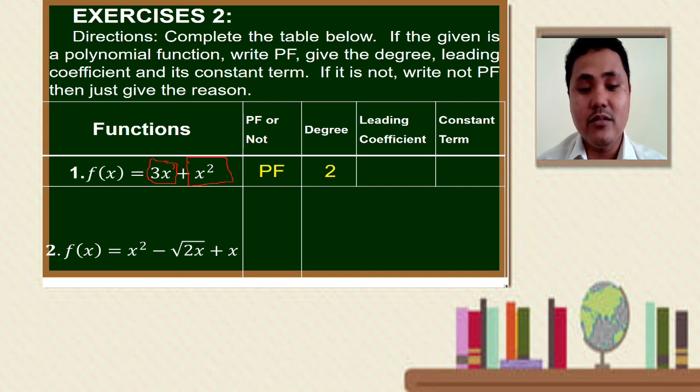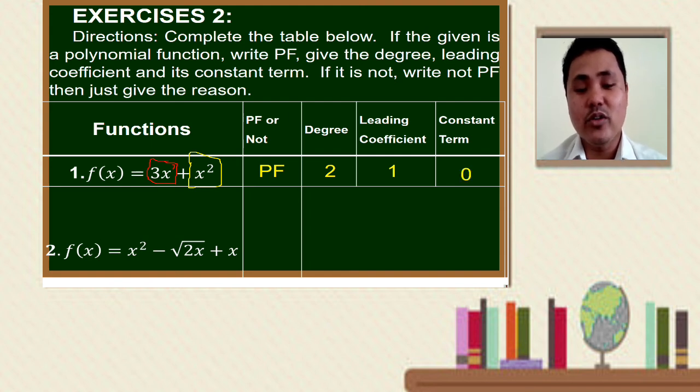I'm going to emphasize that this is our leading term here, where we found the highest power of the variable. So our leading term is x squared. What is the coefficient of x squared here? The coefficient is automatically 1. No number is indicated, and that is automatically 1. And our constant term: did you observe any real numbers there without a variable? None, so that is equal to 0.